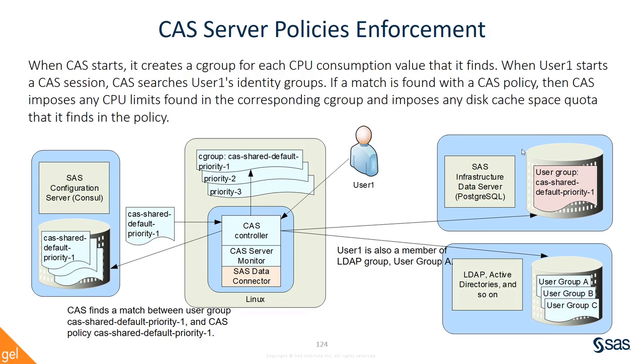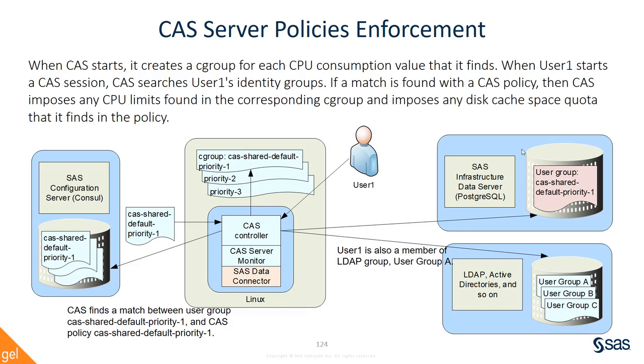Okay. Now, what happens? This is kind of a daunting diagram, I suppose. When CAS starts up, it reads the policy files and it creates on the fly dynamic C groups for each of your policies. So if you have 3 priority levels defined, it will create C groups for each one of those policies.